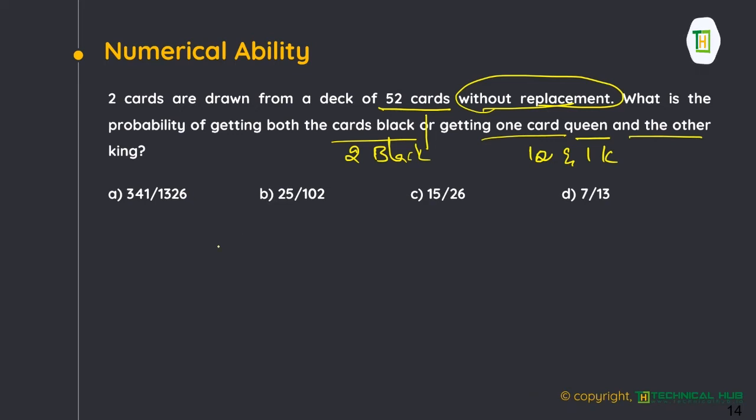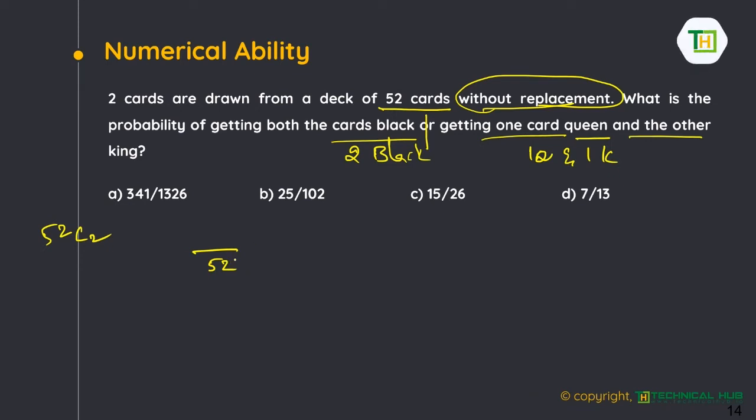Now, without replacement, this condition is very important. Listen carefully. In the denominator, total 52 cards are there. If the word without replacement were not there, you could directly take 52C2, because you are taking two cards out of 52. But here it is not like that. Without replacement means one after the other.